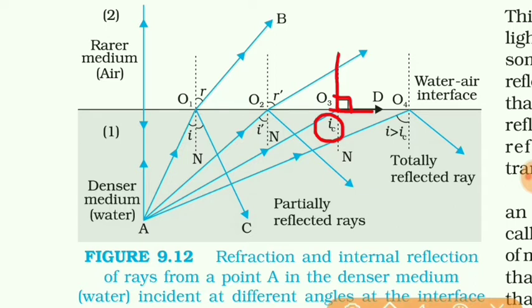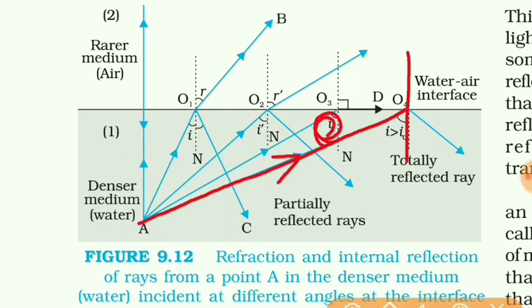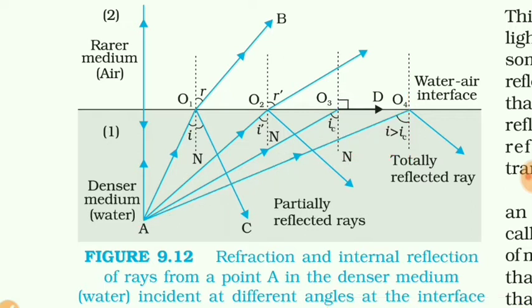Now students, what happens if we take a ray which makes an angle greater than the critical angle? You can see this is the critical angle, and now this incident ray makes this angle which is greater than the critical angle. So in that case, refraction will not take place.